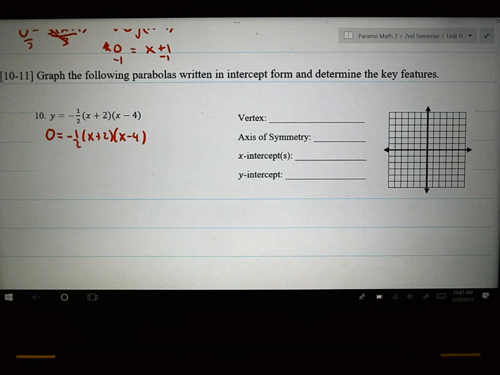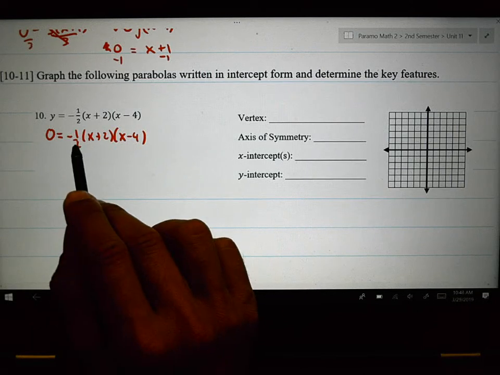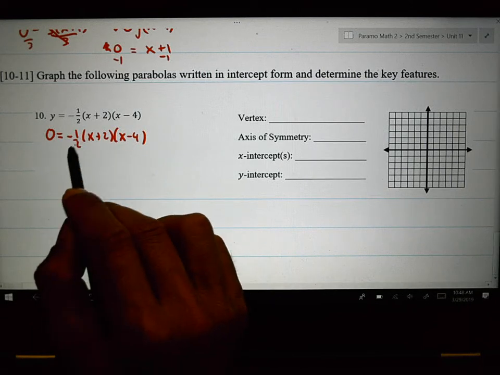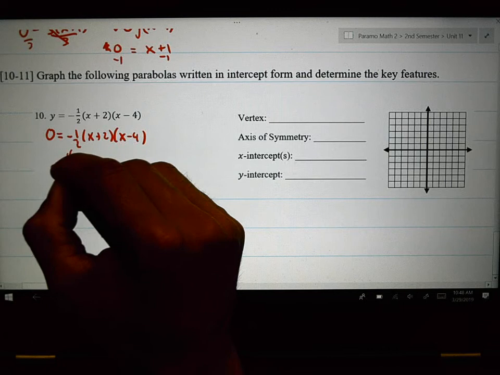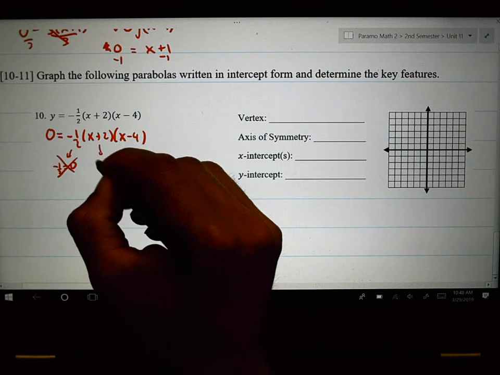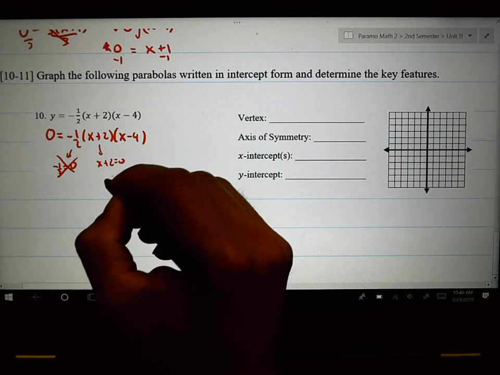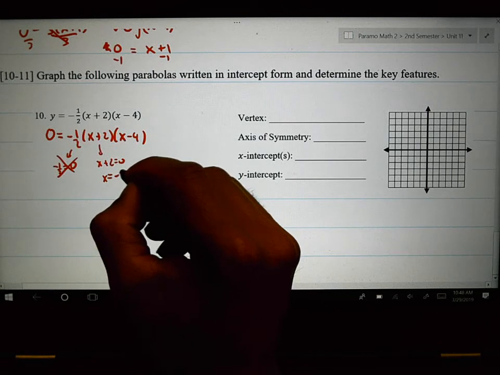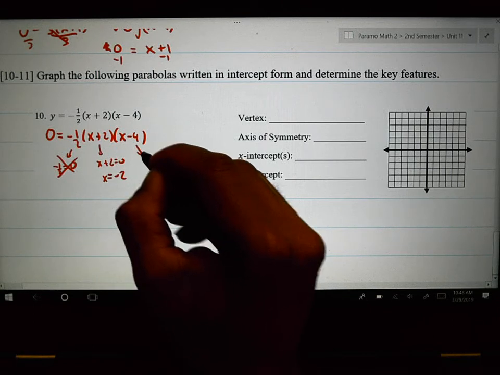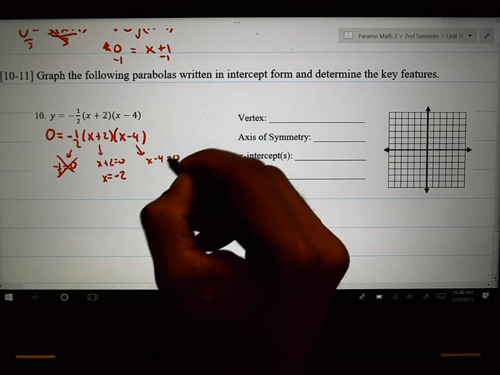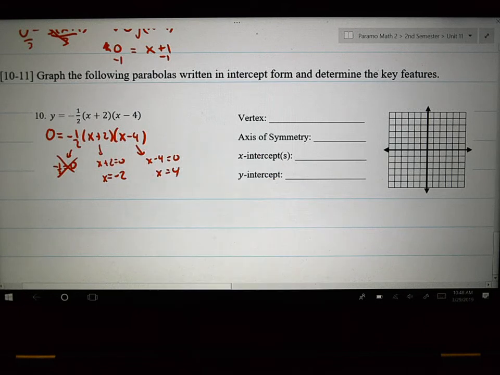This is that zero product property where this times this equals 0. Either this is 0, which it can't be, doesn't work, or this is 0 when x is equal to negative 2, or this is 0 where x is equal to 4.